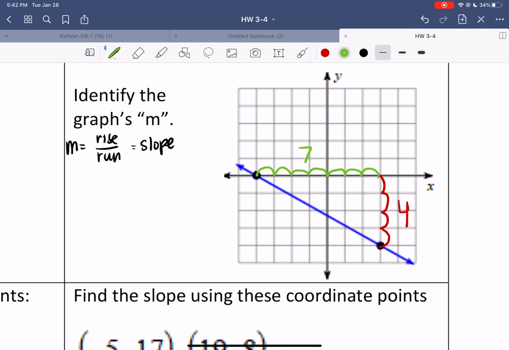So a rise over run. And then determining, again, whether this is positive or negative. So remember, right here we have positive, nice, negative right here. So making sure your final answer has the correct sign in it.